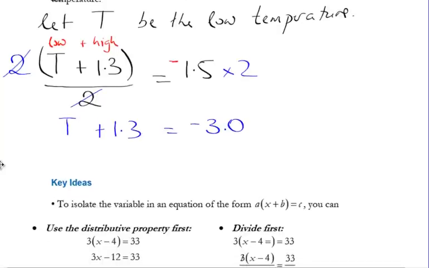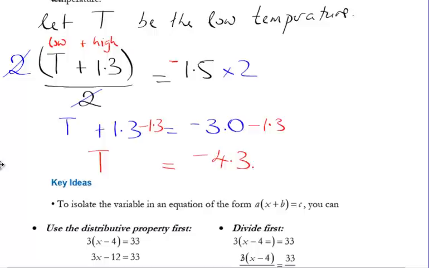And then we're going to subtract 1.3, subtract 1.3, leaving us with t is equal to negative 3 minus 1.3, which will be equal to negative 4.3. So that's our low temperature.